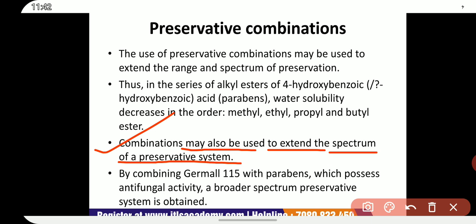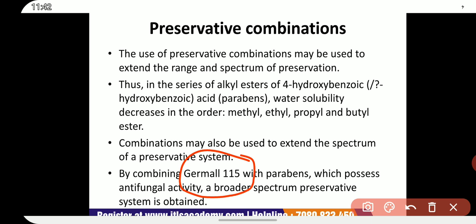Thus, the preservative Germall 115 has an essentially antibacterial activity and very low, if not zero, antifungal activity.